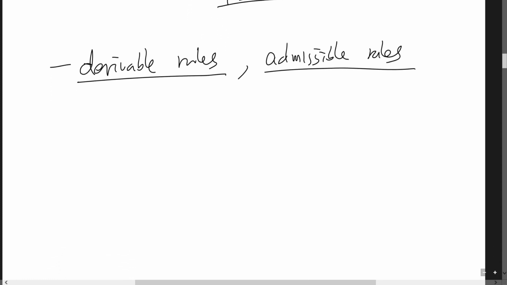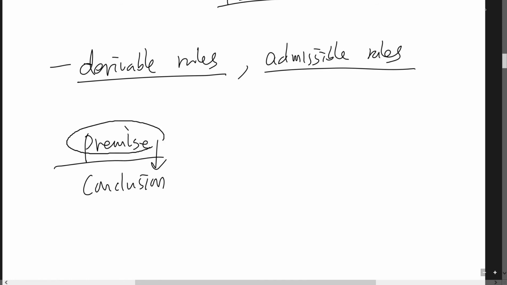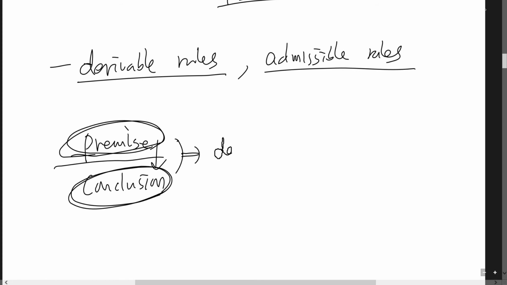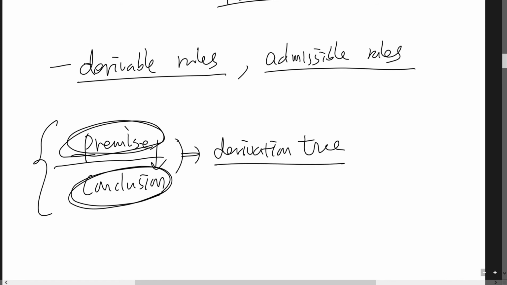Put simply, a derivable rule is a rule such that the gap between the premise and conclusion can be filled with a derivation tree. So here we can bridge the gap between these two, premise and conclusion, with a derivation tree. Then we can think of this one as a derivable rule.